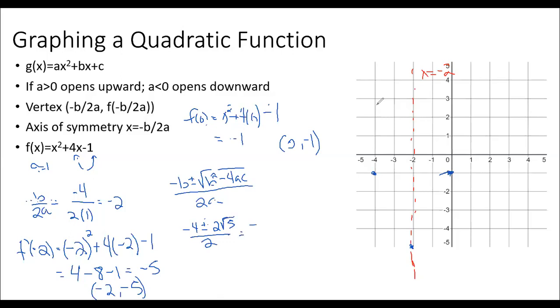Sorry, this is negative 2 plus or minus the square root of 5. And then this is approximately 0.24 for the positive and negative 4.24 for the negative.